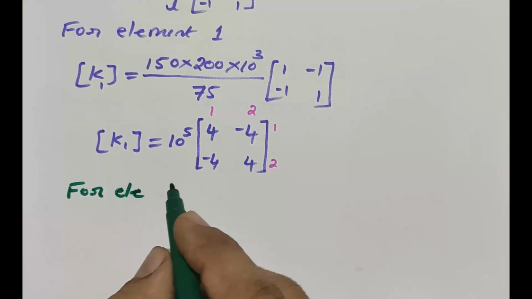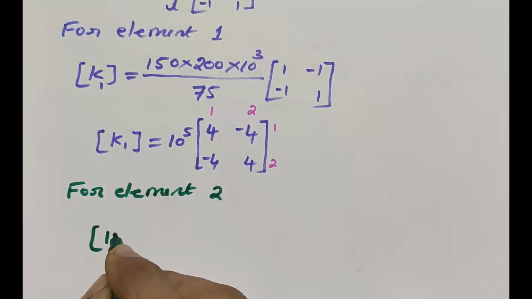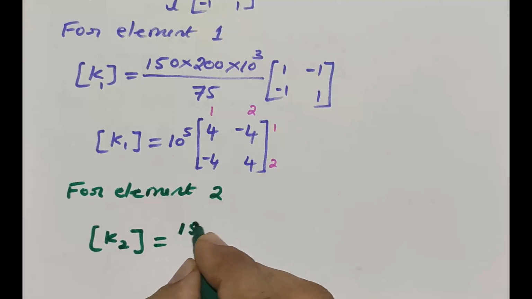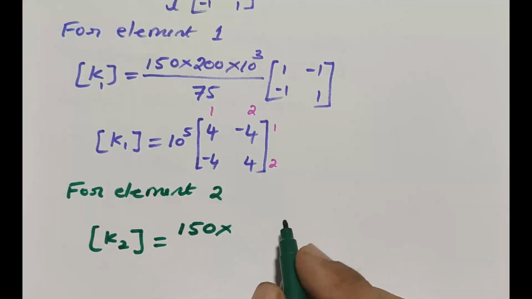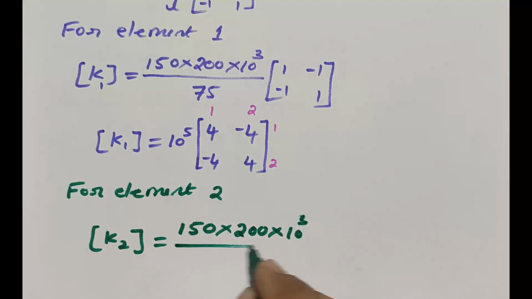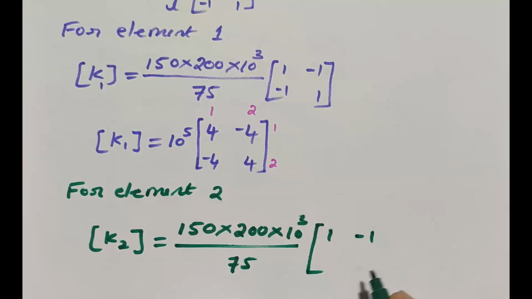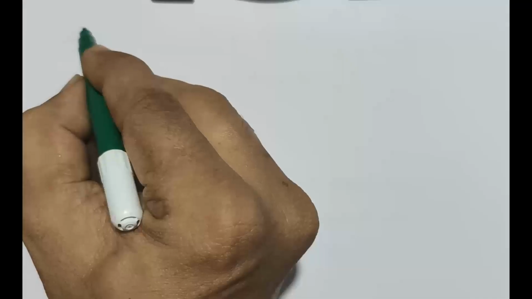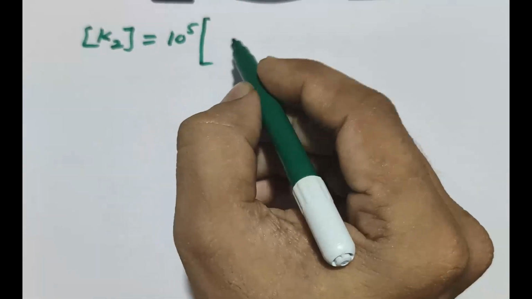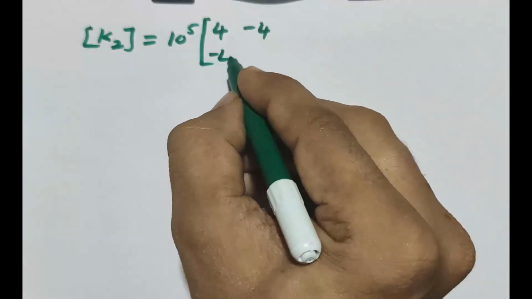For element 2, K2 is equal to area, it is again 150, into Young's modulus 200 into 10 power 3, divided by the length, again it is 75, times 1 minus 1, minus 1 1, or K2 is 10 to the power of 5 outside, 4 minus 4, minus 4 4.